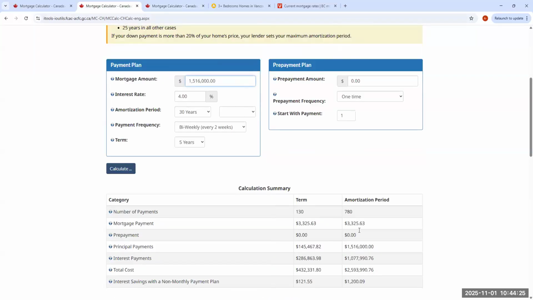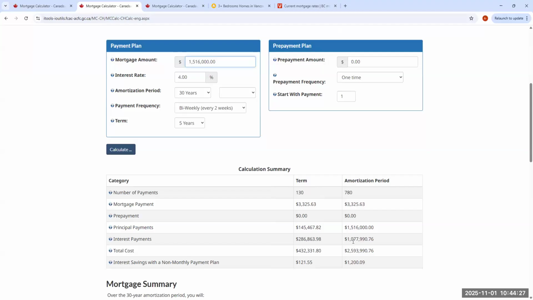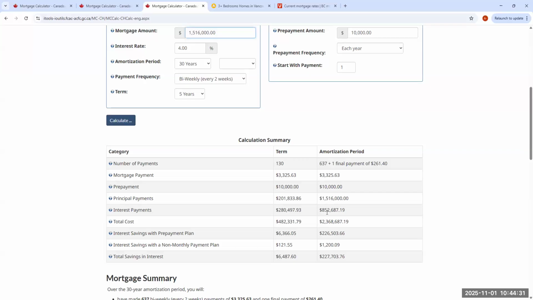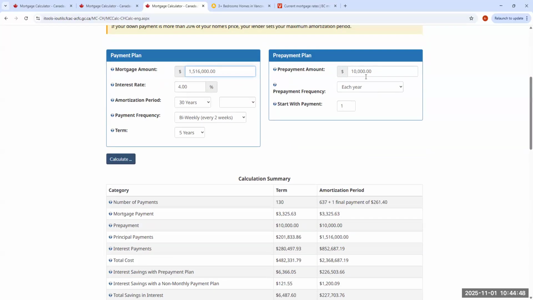Compared to no prepayments, we save $200,000 on interest. Here it says interest saving on the prepayments. We're saving $226,503, just adding $10,000 to our payments every year.